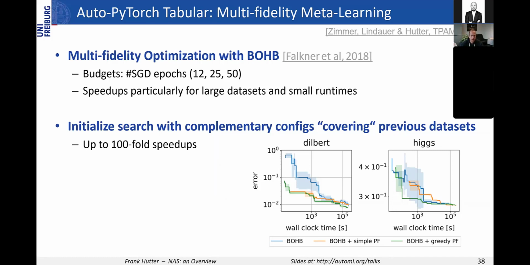These plots here are for the warm starting, which did turn out to be much more important for AutoPyTorch. So we initialized the search with complementary configurations that covered previous data sets, and this would give us up to 100-fold speedups here.